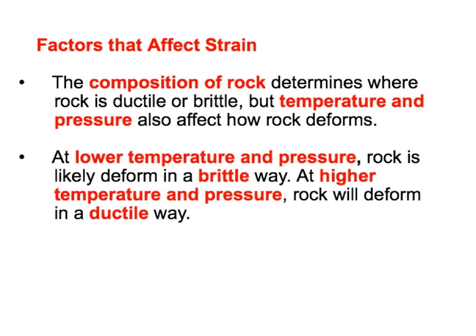Now the composition of those rocks is what can determine whether a rock will break or not break, whether it will be strained ductilely or brittly. And a lot of that has to do with what the rock is made of. Also the temperature and pressure of the rock.